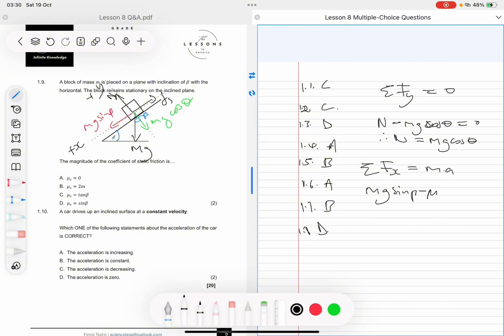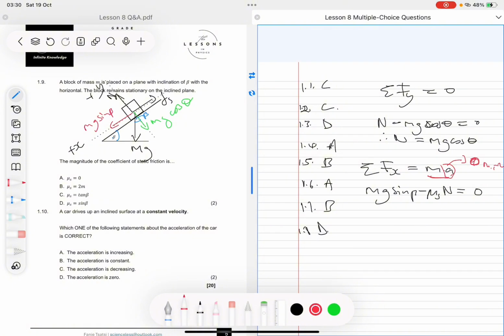minus the frictional force, which is the coefficient of static friction force times normal force, and then here I would say is equals to 0. Why? Because they've said to us that this object is stationary, meaning the acceleration here is equals to 0 meters per second squared. And if you multiply by 0 here, you get a 0, right?